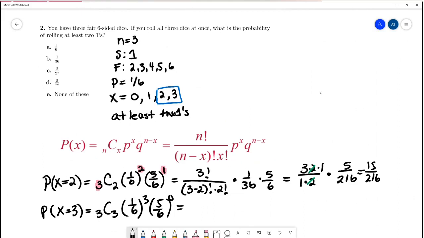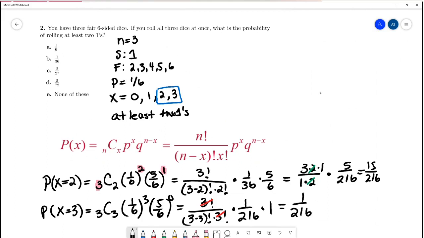That combination formula would be 3 factorial over 3 minus 3 factorial times 3 factorial, times 1/6 to the third power, which would be 1 over 216. 5/6 to the 0 power would be 1. And 3 factorial divided by 3 factorial is 1. 3 minus 3 factorial, that's 0 factorial, that's 1. So we have 1 over 216.